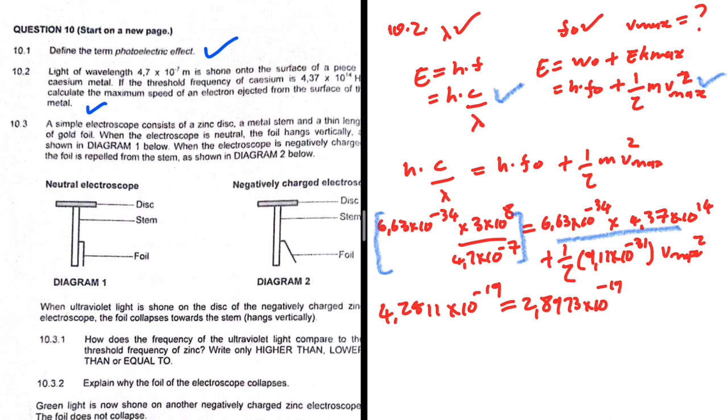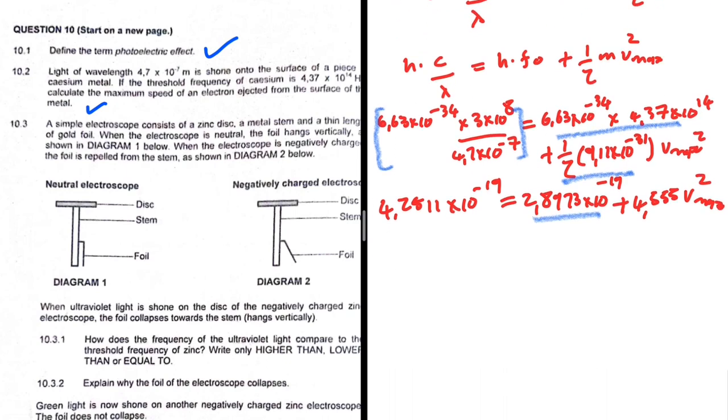And then we have a half multiplied by the mass of an electron, so it is just 9.11 divided by 2. So we get plus 4.555 V max squared. So let's take these to the left hand side.